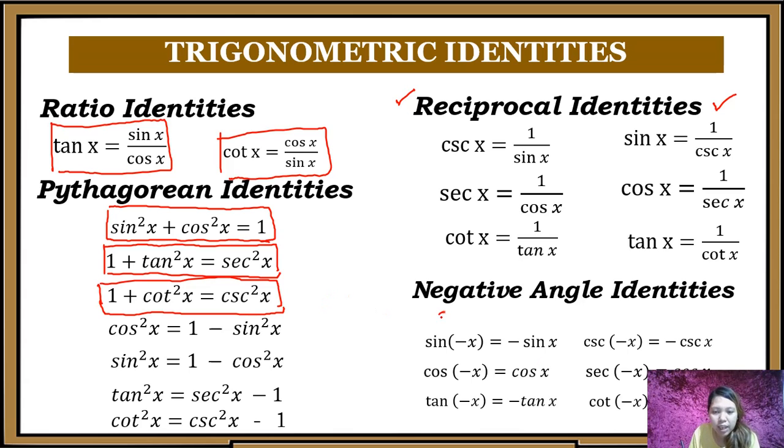So when we say sine of negative 90, this is just equal to negative sine 90. Okay? So, the ones I boxed are the usual or most common trigonometric identities that we will use. Take note of this. You do not need to memorize, just familiarize yourself with these trigonometric identities.